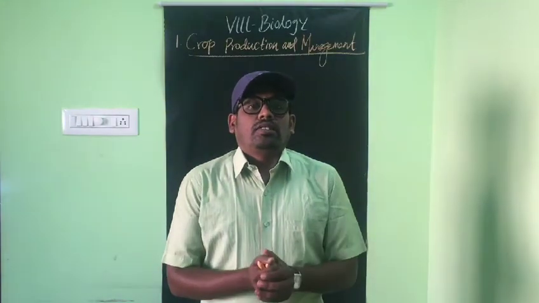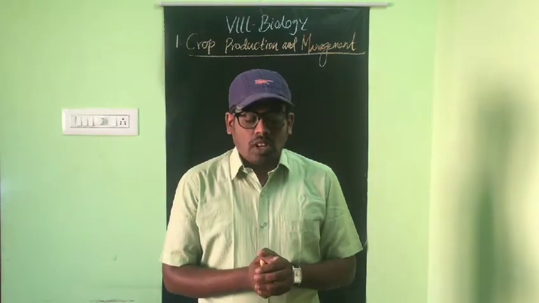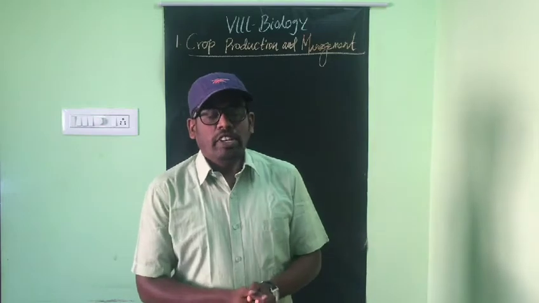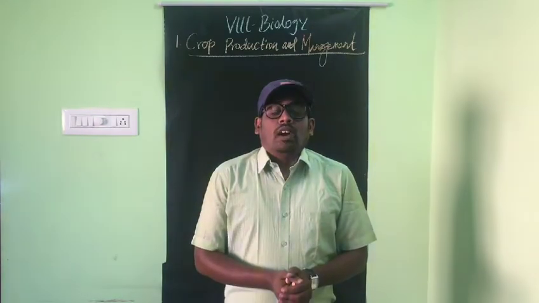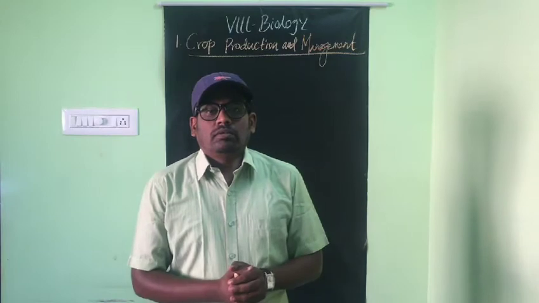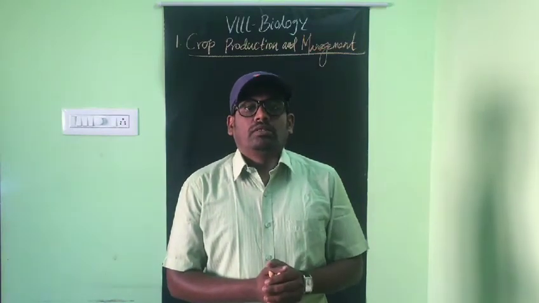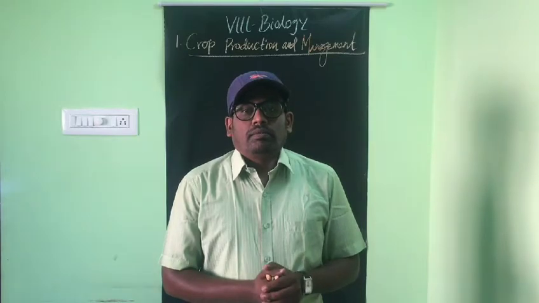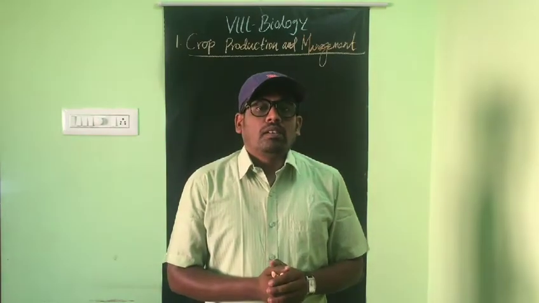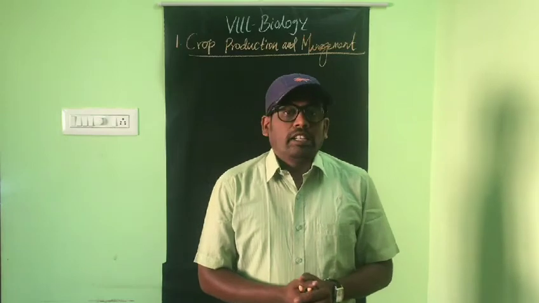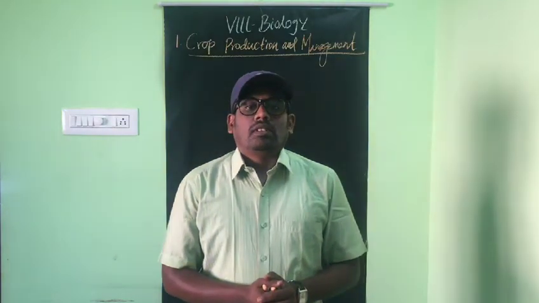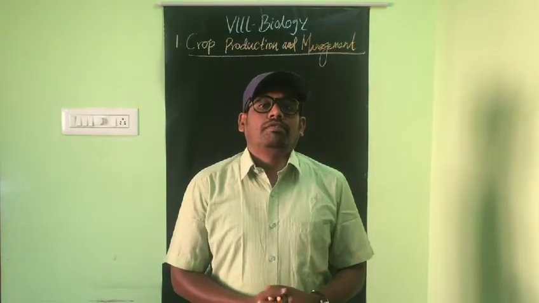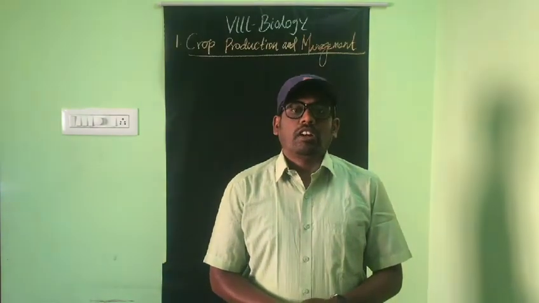In the previous class we started Chapter 1, Crop Production and Management, and discussed some topics under the chapter: what is a crop, the crop patterns, that is Kharif and Rabi crops, and examples of Kharif and Rabi crops.